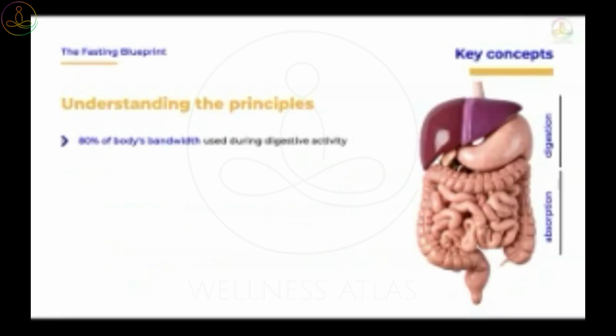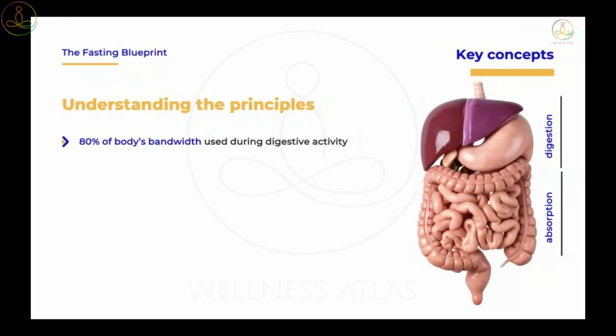When any activity is happening in this entire canal, when digestion is happening, close to about 80% of the body's bandwidth is blocked here. It is in terms of blood flow, in terms of the energies in the body, in terms of everything. Almost 80% of the body is focusing on the digestive activity, right? So that is the first thing we need to understand.